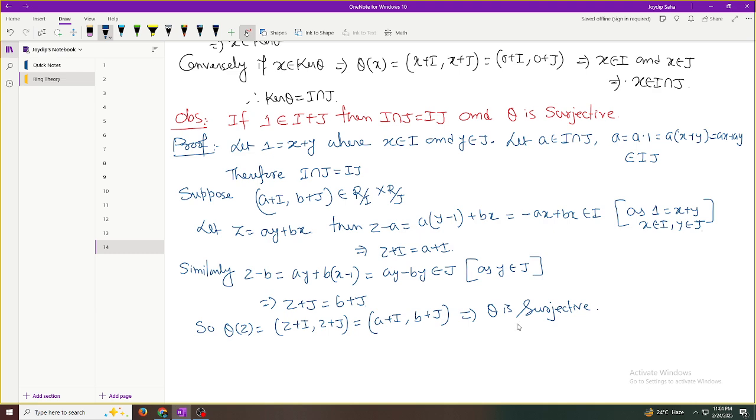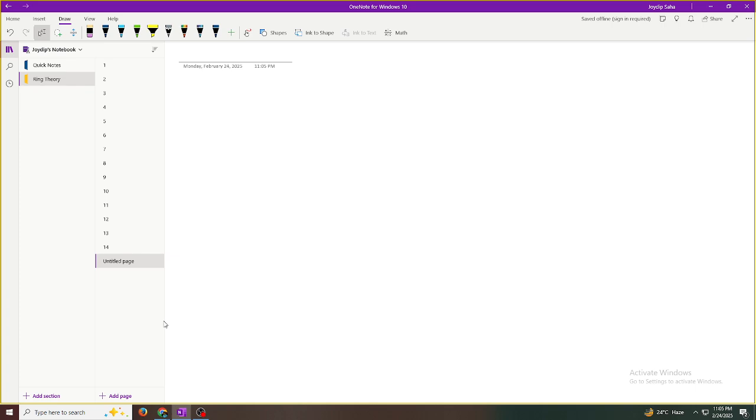Now the Chinese remainder theorem. From these two observations, you can say the Chinese remainder theorem. What is this?